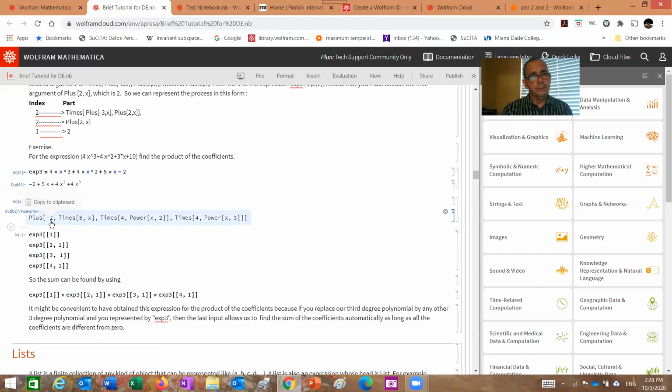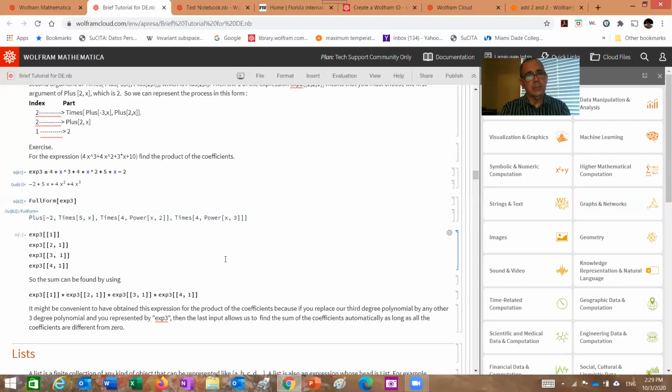You are adding -2 and then 5x, then 4 times x to the second, 4 times x to the third. But if you enter exp3 double bracket 1 double bracket, it is going to return the -2.